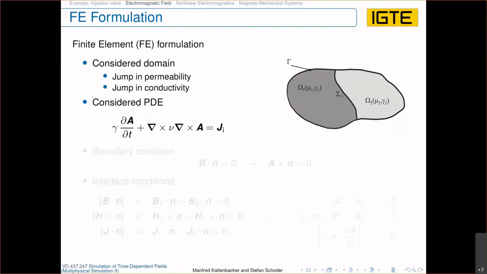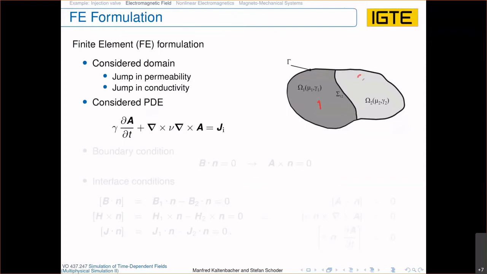For this, we are now considering such a computational domain with two subdomains. So we assume that we have here a subdomain 1, and here a subdomain 2.